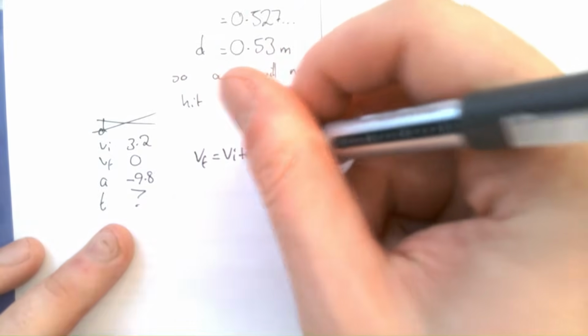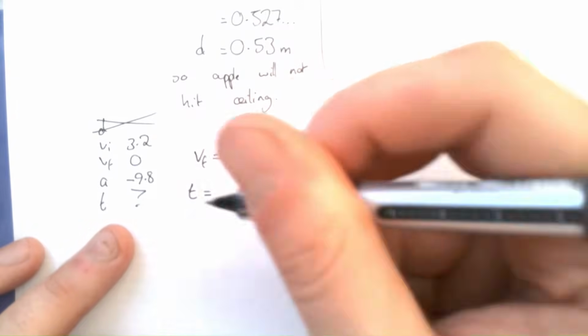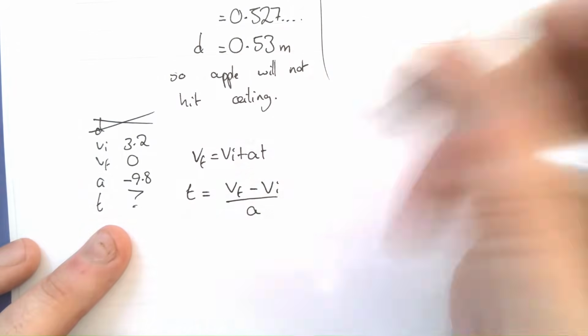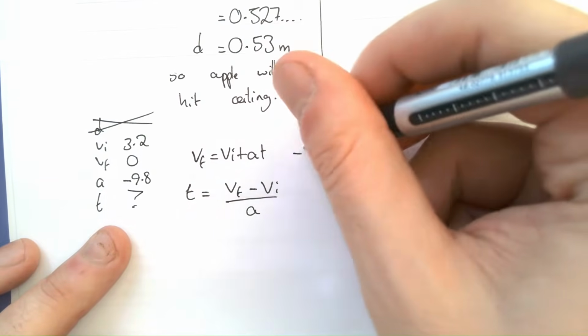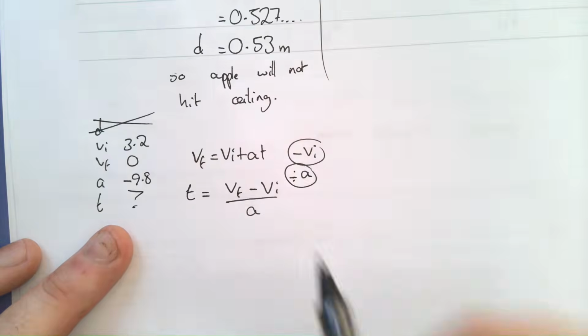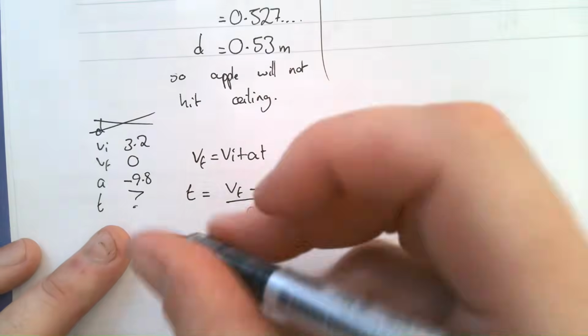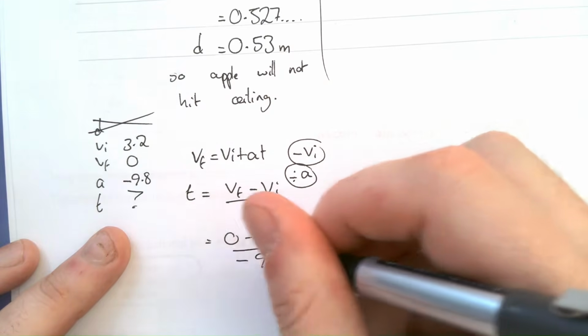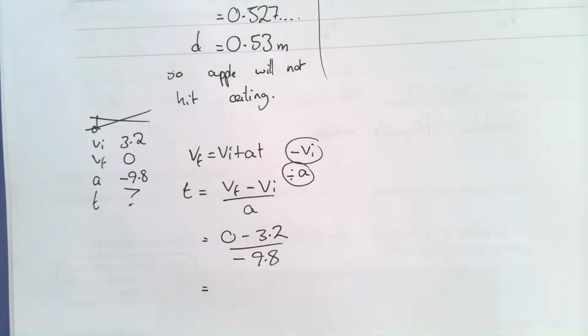Vf is equal to Vi plus At. Therefore, T is equal to Vf minus Vi over A. The two steps there are subtracting Vi and then dividing by A. I'm going to be quick because I am talking a lot. Let me put the numbers in. 0 minus 3.2 over minus 9.8 equals minus 3.2 over minus 9.8.